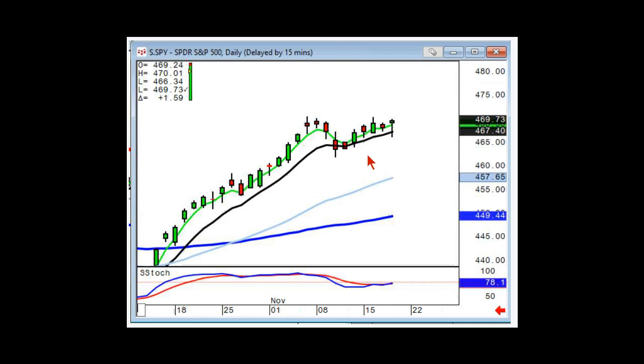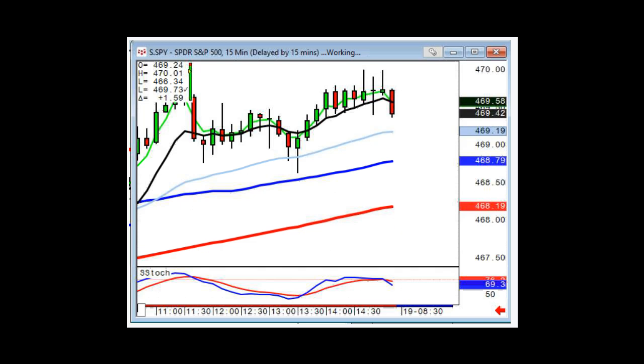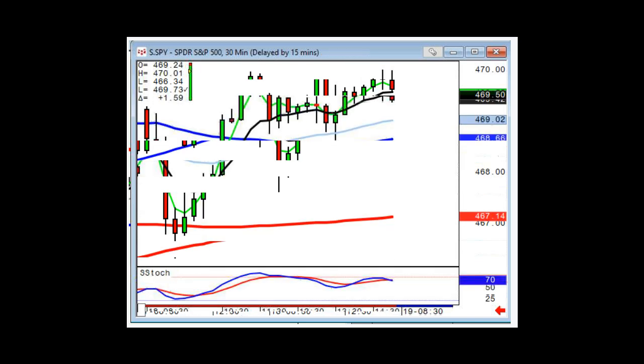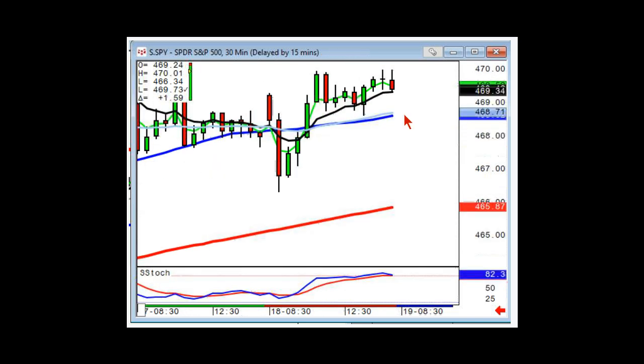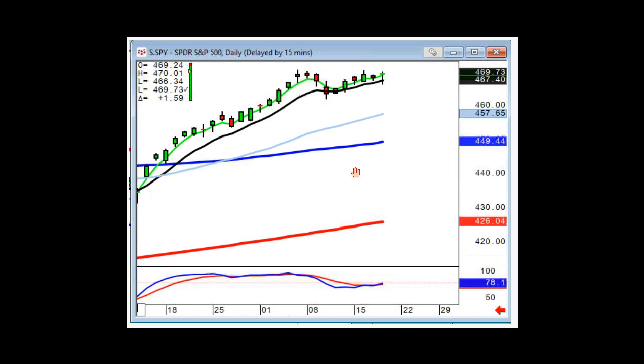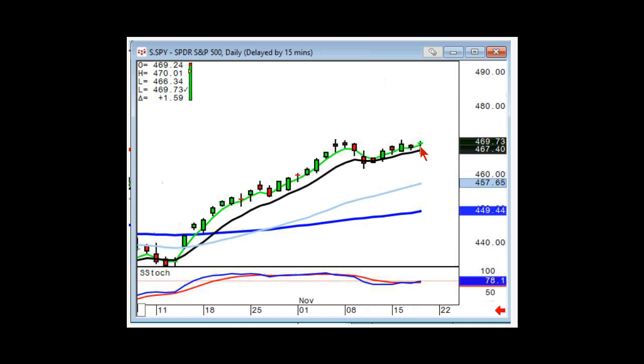Right now, the 30-minute chart doesn't mean a hill of beans. Because what is this a depiction of? This is a depiction of what investor sentiment was right at this time, which might not have anything to do with what investor sentiment is as soon as the day ends.